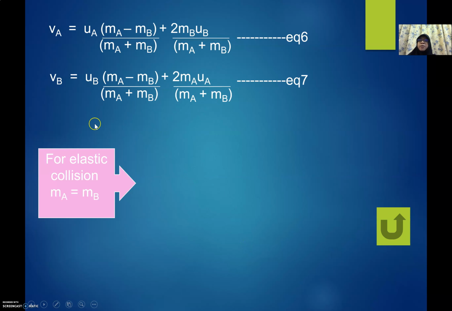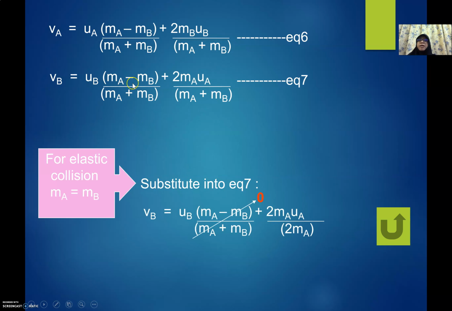Okay, next we will do VB. So for VB, MA minus MB per MA plus MB. If we substitute MA equals MB into the equation here, this term will equal 0 because they are the same.